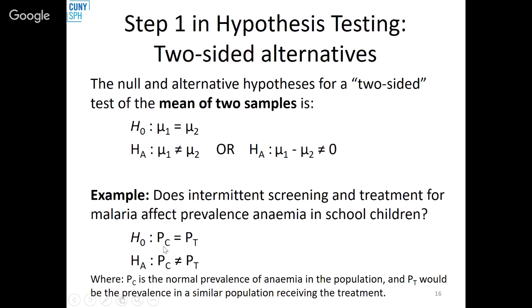And these are population proportions. So this would be a hypothetical population of schools that are all receiving the intermittent screening and treatment, and this would be the existing population of students in schools that are not receiving that treatment.